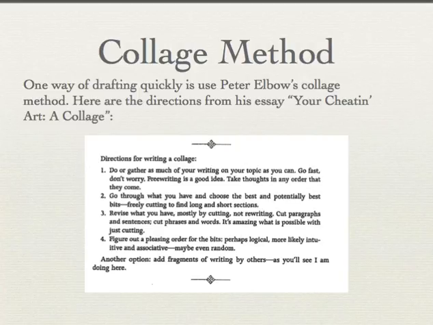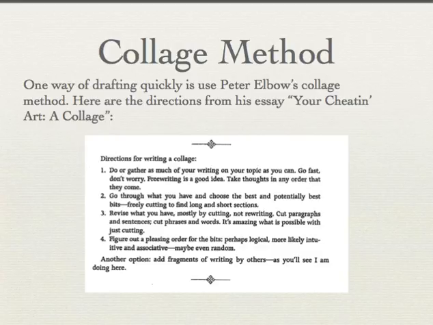What we've got here is a set of 4 instructions on how to write a collage, from his essay "You're Cheating Art: A Collage," which is actually a collage essay about collage writing, and he published it in an academic journal.